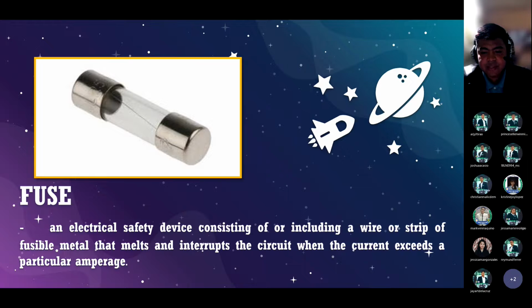Its essential component is a metal wire or strip that melts when too much current flows through it, thereby stopping or interrupting the current. It is a sacrificial device. Once a fuse has operated, it is an open circuit and must be replaced or rewired depending on its type. Did you get it, class? Yes, sir. Okay, next.